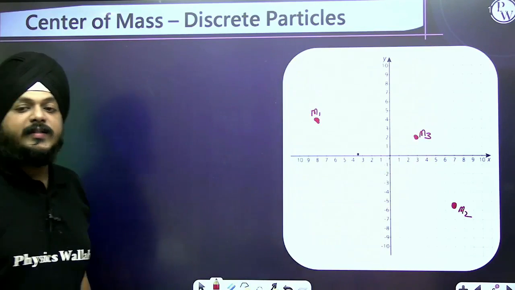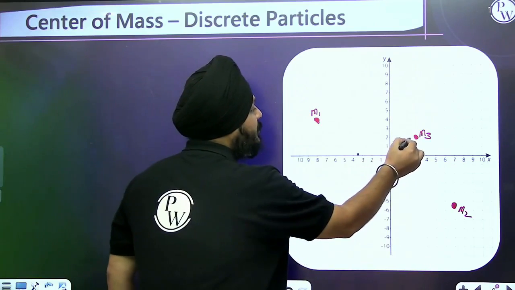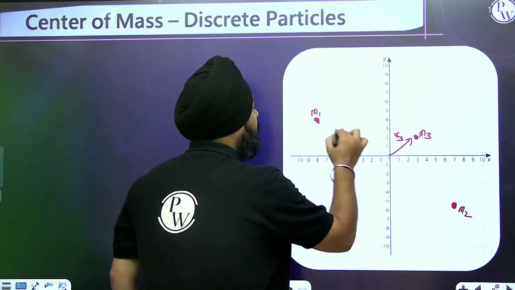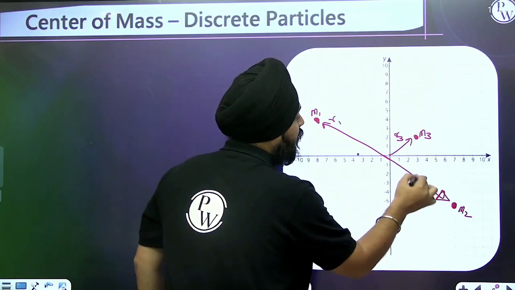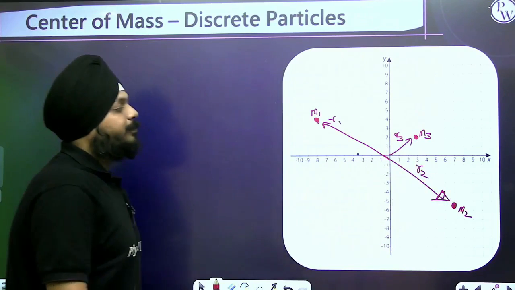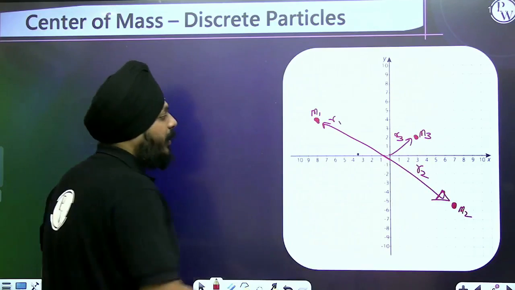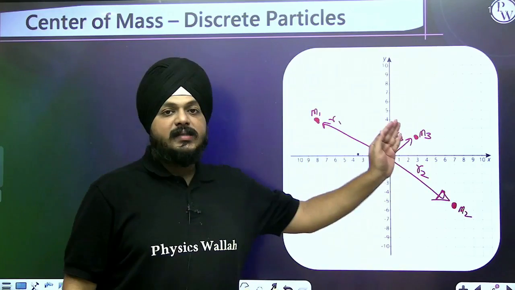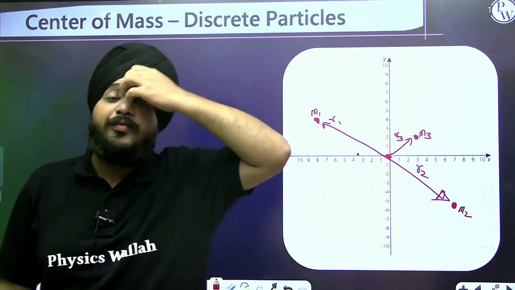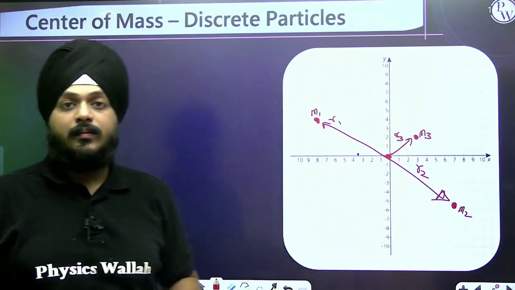What are their respective position vectors? This is r1, this is r2, and this is r3. Yes or no? So here, these three discrete particles are combining to form the imaginary system.